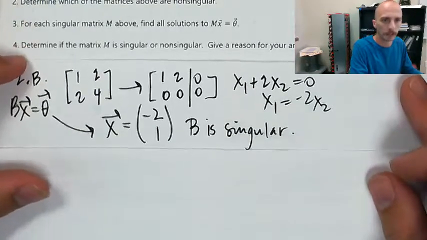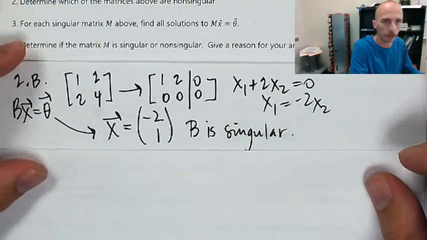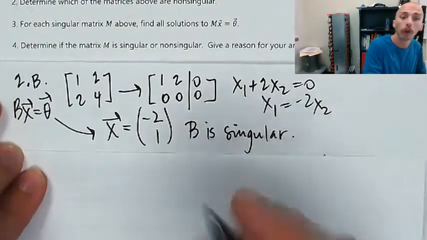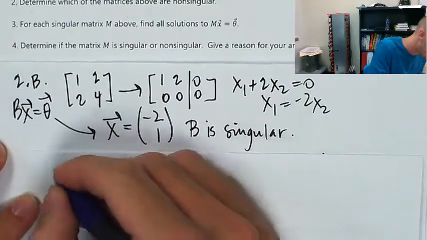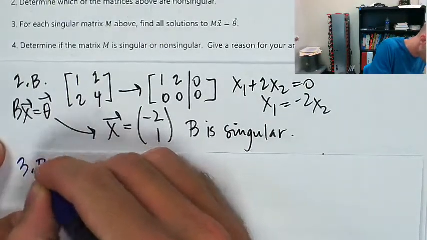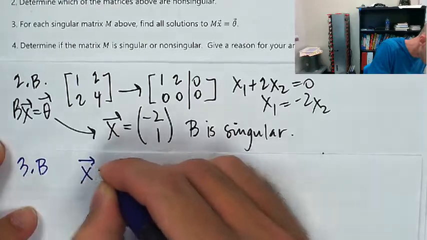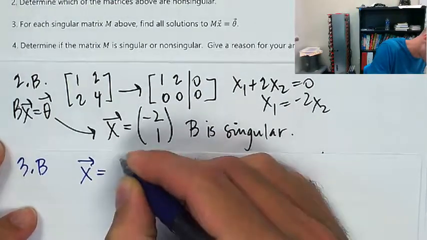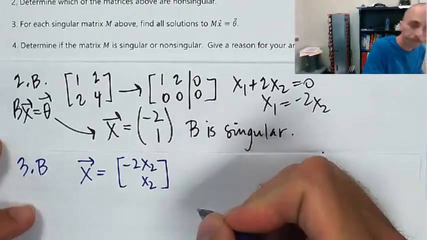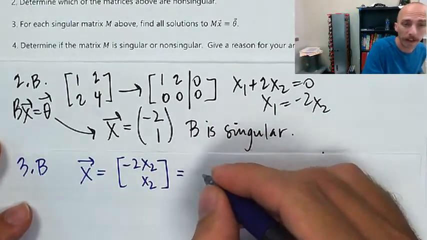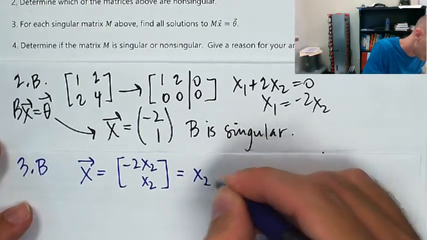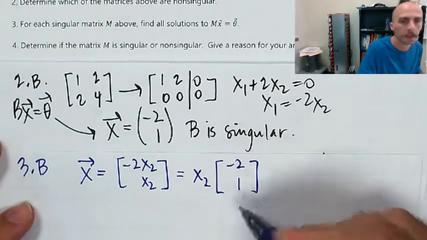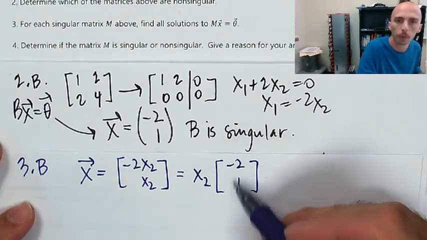So we found that as long as x1 was negative 2x2, we had something like that. So I'm going to say x equals, okay, x1 is negative 2x2, x2 can be whatever it wants, which is equal to, if I factor out that x2, I can see that this is all scalar multiples of the vector negative 2, 1.